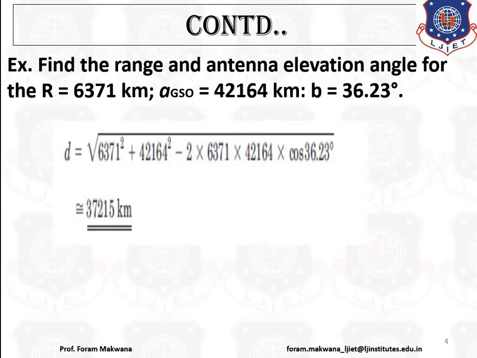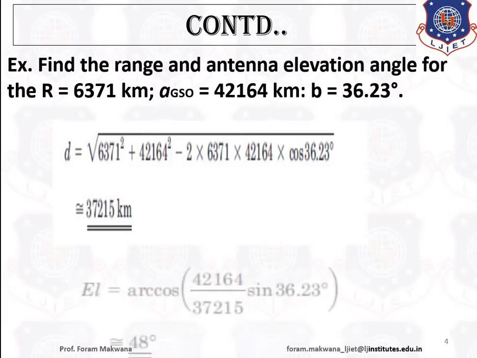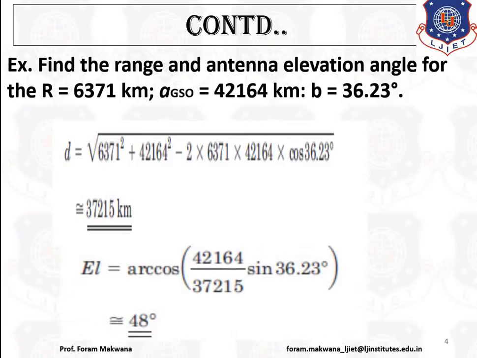By solving this equation we get the value of small d as 37,215 kilometer. Now we have to calculate the value of elevation angle.